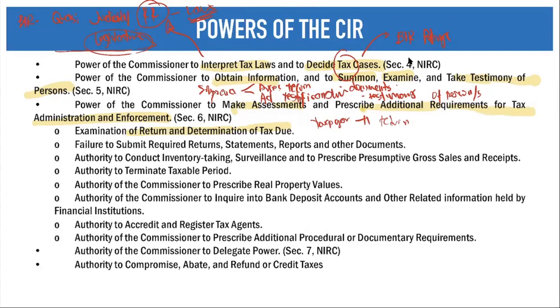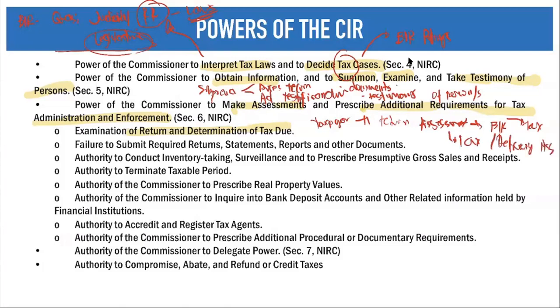Examination of the return and determination of tax due is part of the BIR's assessment process. As we have said time and time again, when the BIR assesses, it is the BIR going to the taxpayer instead of the taxpayer going to the BIR. We call this assessment a tax or deficiency assessment.